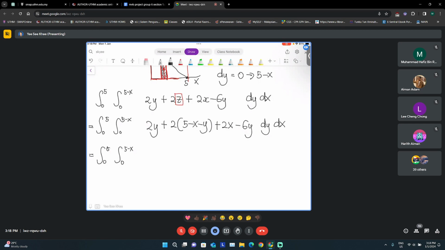Maybe we'll combine a bit first. Negative 4y.